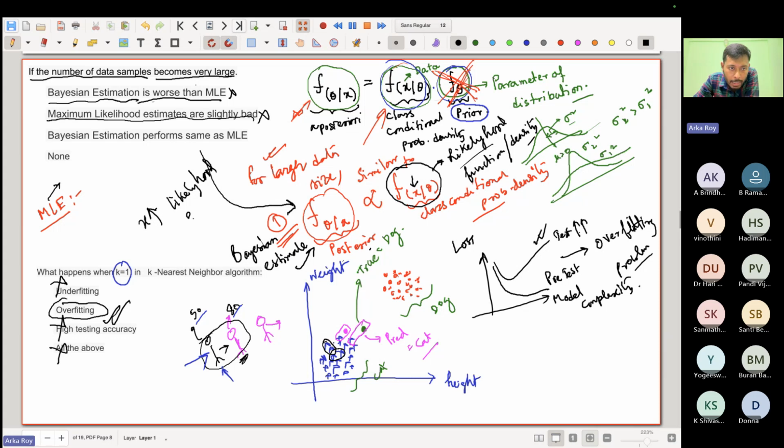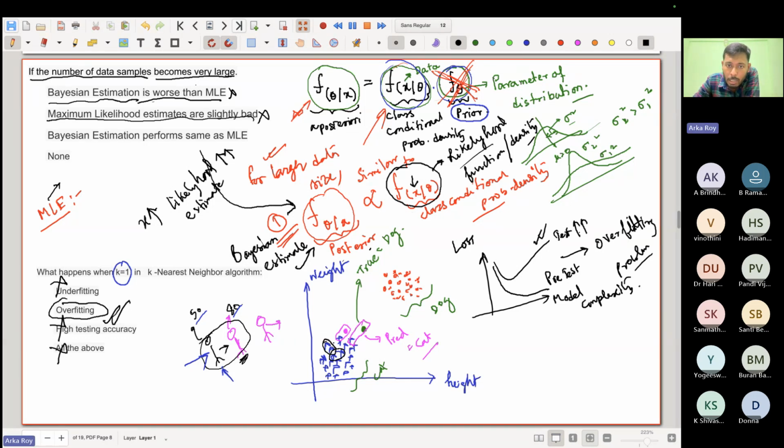That is why I'm putting the upper arrow sign. From this expression, you can see that posterior probability is proportional to the likelihood function or class conditional probability.